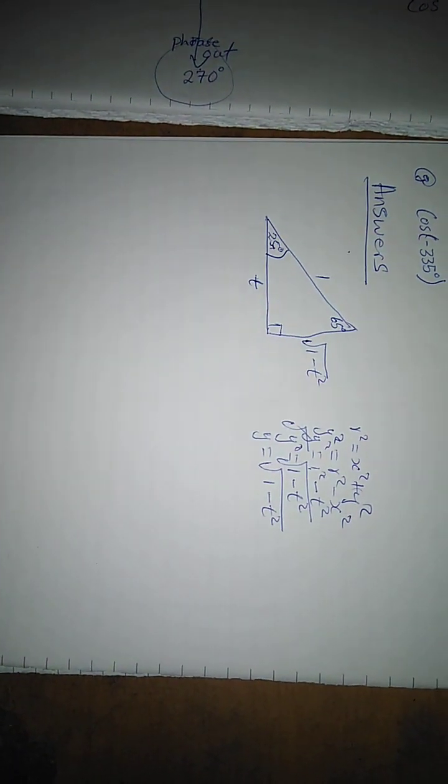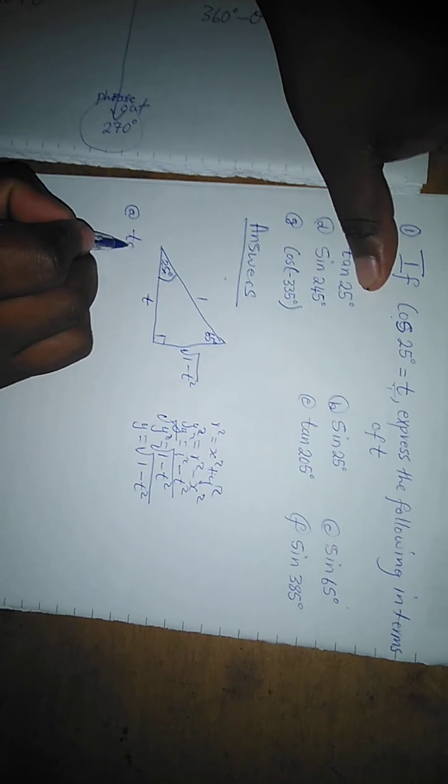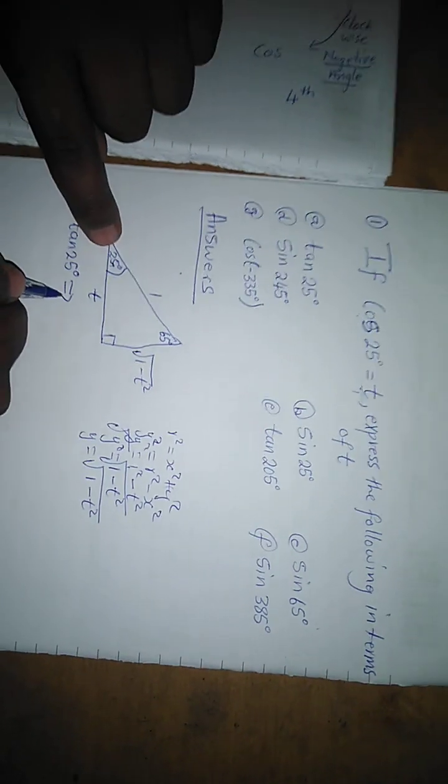Since I've done this, let me attempt the first question. A: tan of 25 degrees. What is tan? We said it is opposite over adjacent. That means it will be the square root of 1 minus t squared, all over t.